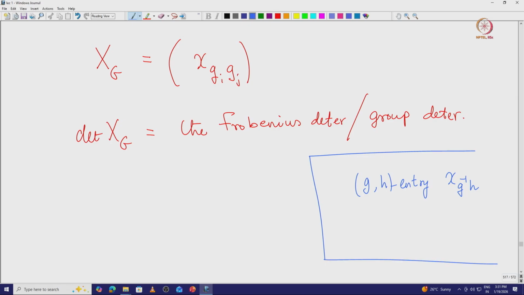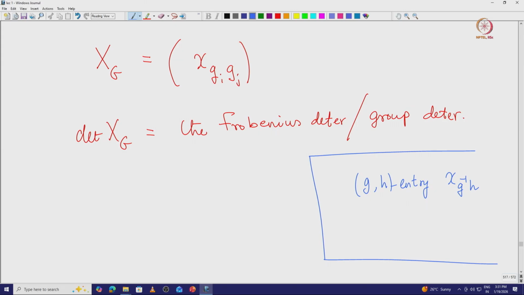Okay, let us look at this Frobenius determinant and compute it for some smaller examples. This determinant is going to be a polynomial in the variables x_{g1} etc., x_{gn}, and what are the immediate consequences?